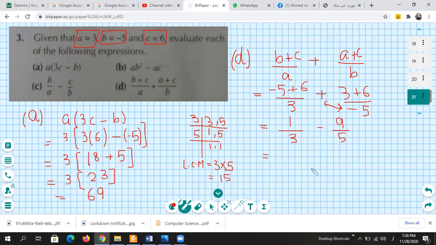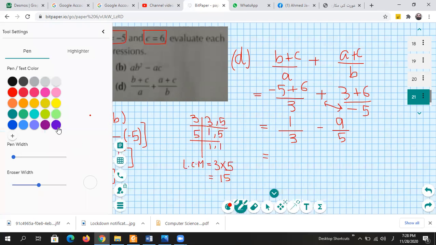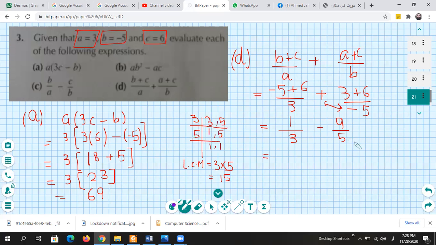So basically we have to make them like fractions in order to subtract or add. So how to make it like fraction? It is very easy. Just multiply with such number which makes it 15. So 5 3s are 15, we know that. Similarly, 3 will multiply with such number which gives you 15. So 3 will multiply with 5 because we know that 3 multiplied by 5 gives you 15.